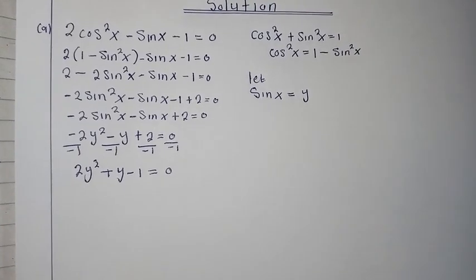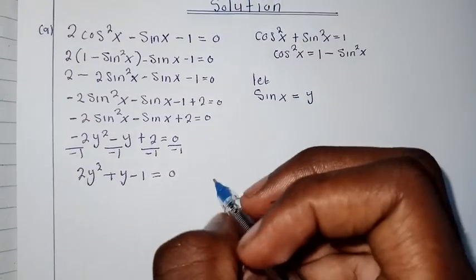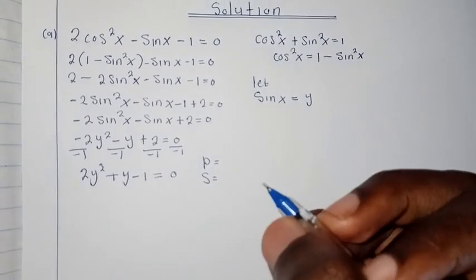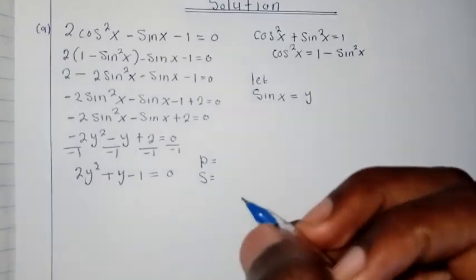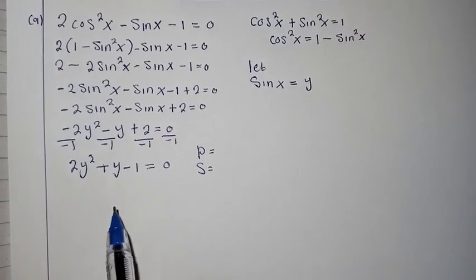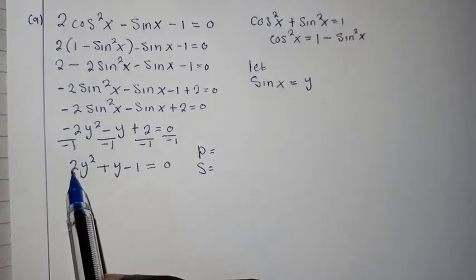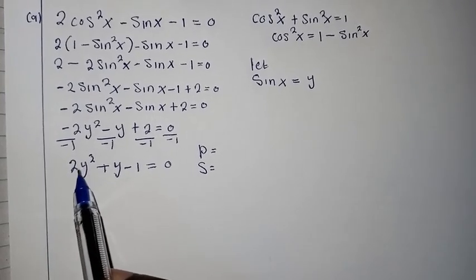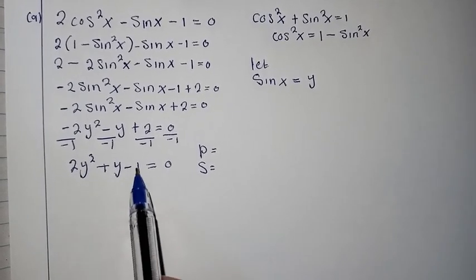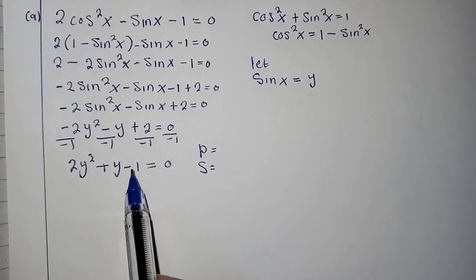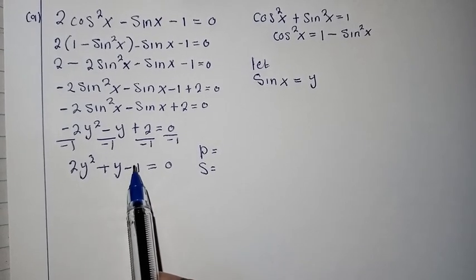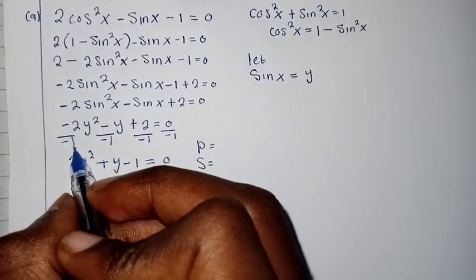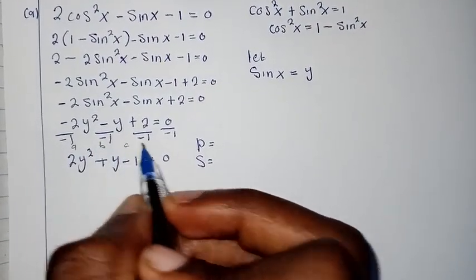Okay? So now we can find the product and the sum. What is the product? To find the product, we simply multiply the coefficient of y to the power 2 with the last number, or the c factor, because we know that this is a, b, c.